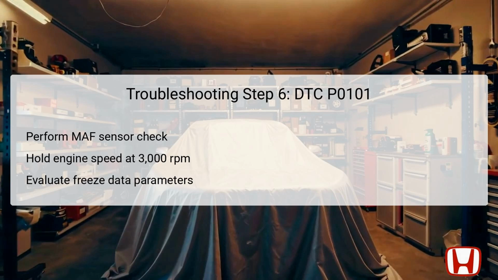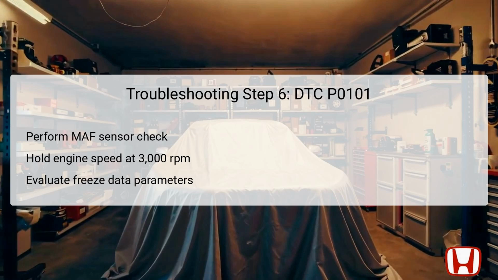After allowing the engine to stabilize, test drive the vehicle, monitoring the OBD, onboard diagnostics, system for any new occurrences of DTC P0101. Pay particular attention to the freeze data parameters that were recorded previously, such as engine speed, vehicle speed, and measurements from the manifold absolute pressure, MAP, and throttle position, TP sensors.